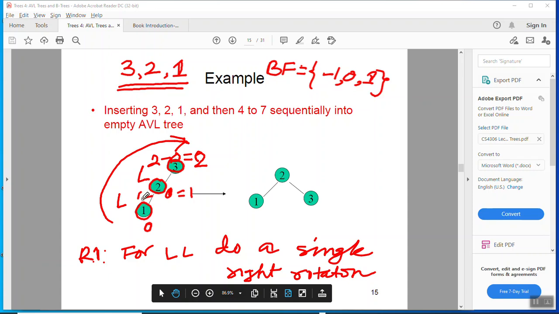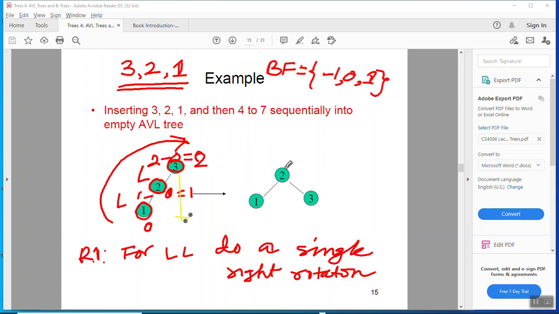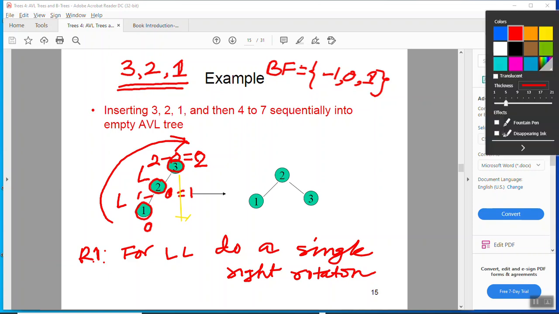How do we do the single right rotation? Let me change the color. These three will come down.